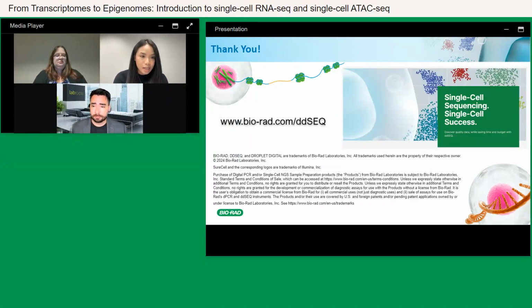The nuclei are required to be accessed as part of the technology, but the OmniATAC tagmentation is where there is a separate nuclei isolation step. In the whole cell tagmentation protocol, the cell is permeabilized, so you can access the nuclei, but there is no separate nuclei isolation step for that.